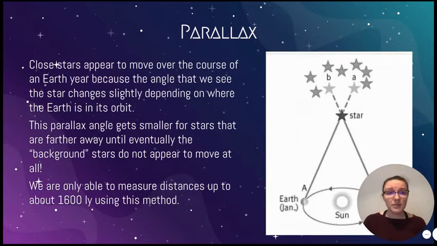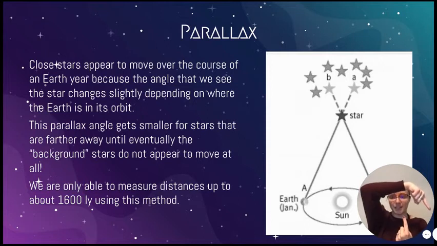Things that are close to us appear to move relative to their backgrounds when we move. Earth is going around the sun, and so when we're on one side in January, we see the stars that are closer to us against a certain set of background stars.